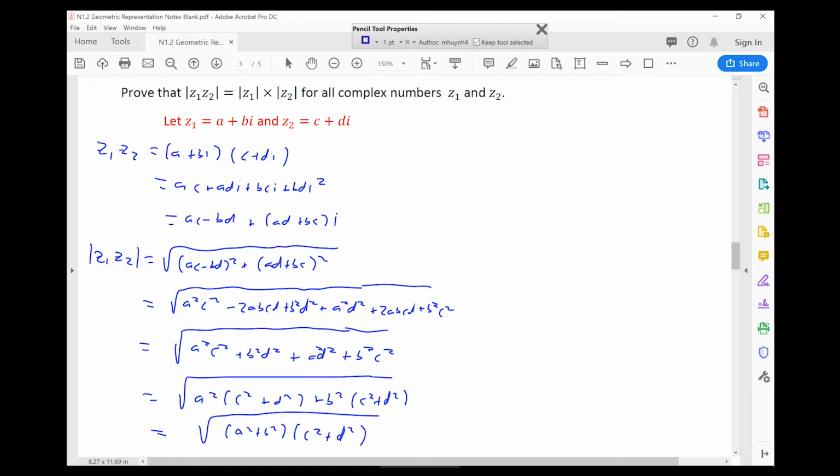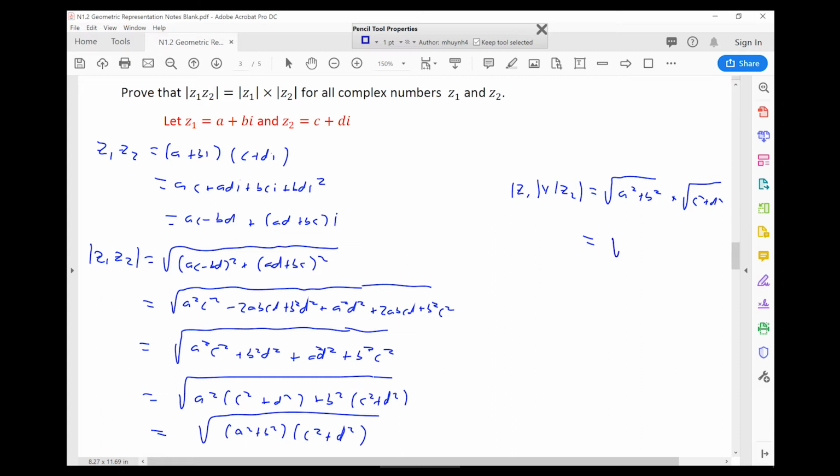All right, so now I'm going to move on to the right-hand side. We know the right-hand side is the modulus of Z1 times the modulus of Z2. Z1 is A plus BI, so the modulus of that is the square root of A squared plus B squared. And then the modulus of Z2 is the square root of C squared plus D squared.